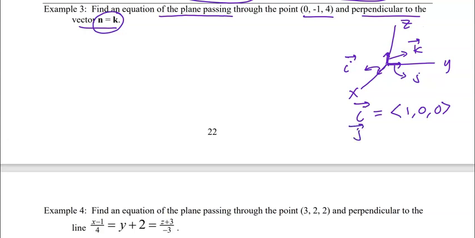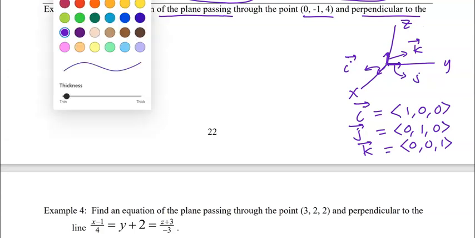The j vector is (0, 1, 0). And the k vector is (0, 0, 1), right?